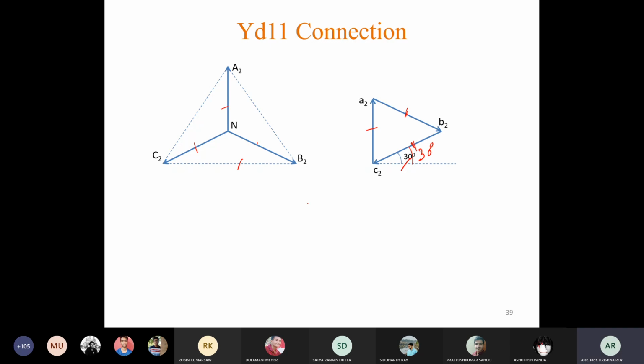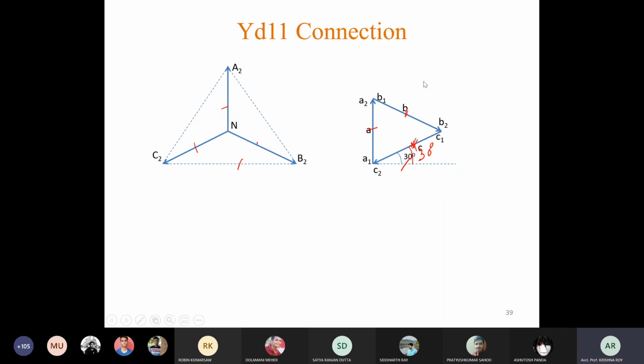Now the positions of B and C phase have changed. So identify all the phases. This one is now C phase. So this terminal is actually C2 B2. And this is our C phase, this is our A phase, and this is B phase.